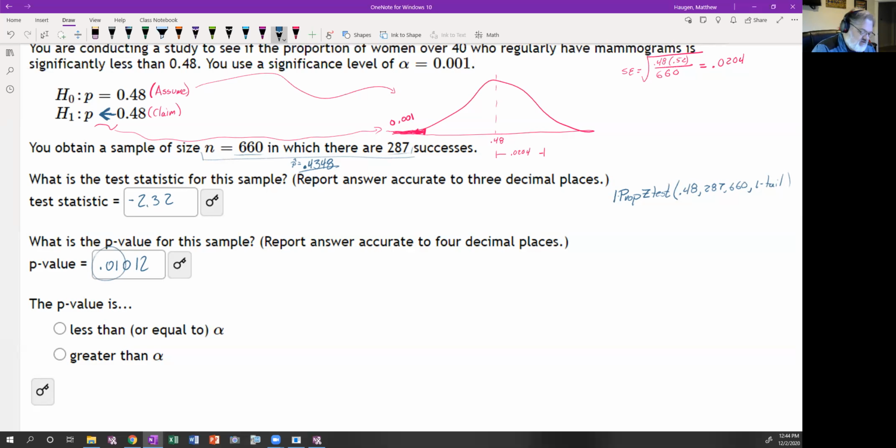The question is, we've got p-value is bigger than our significance level. Thus, what does that mean? It means that it's inside the null, as we've been talking about, inside this reasonable region.